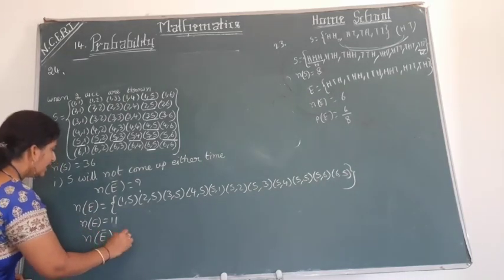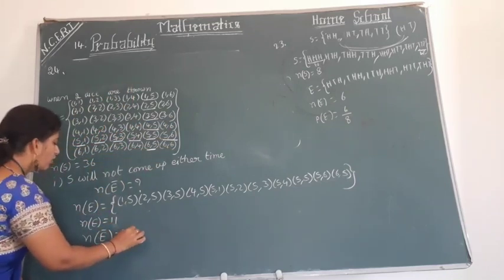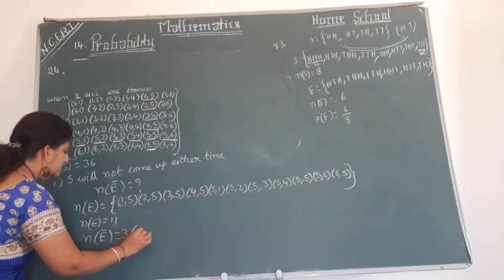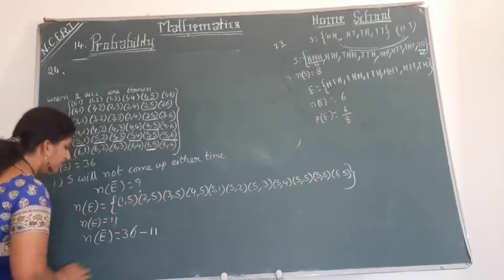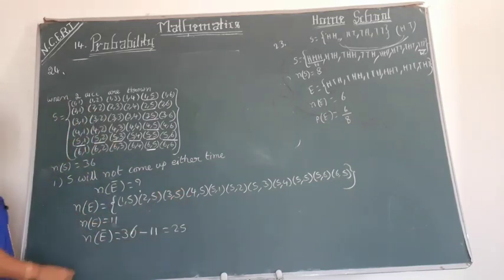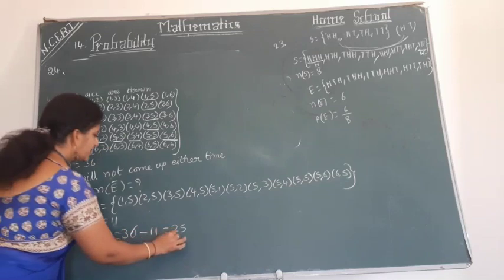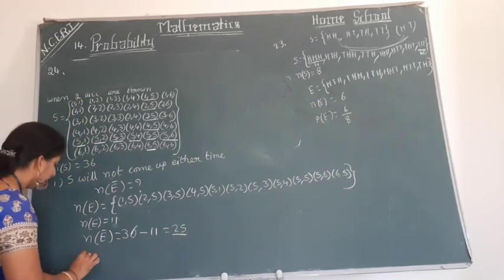You can write it as the total sample space, total all possible outcomes. From that you can remove 11. What will be your answer here? 25. That is the answer we need for this question. Now you can write it here.